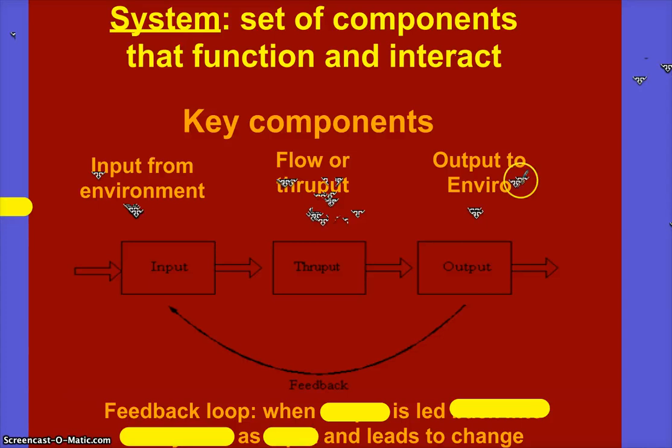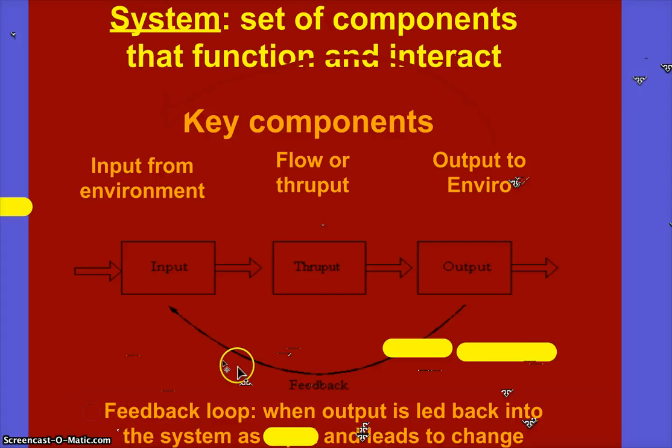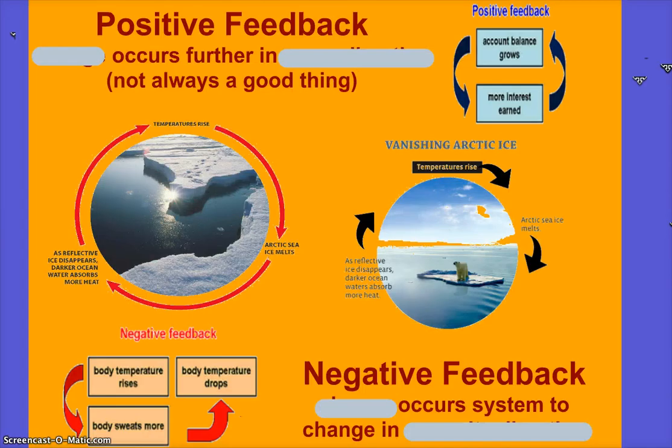When something happens that this output here causes an influence back in this direction, some kind of influence, we call that a feedback loop. So when the output, and you've heard of these from bio, comes back into the system and causes some kind of change within the system, it's called a feedback loop. Don't look at the page, don't look at the notes, just answer this question.